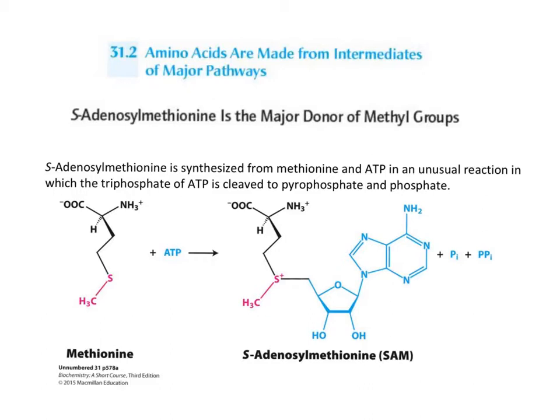So what we need to do is form what's called SAM, or adenosylmethionine. This is an interesting reaction, as it's one of the only reactions where you actually remove all three of the phosphates from an ATP. Now we have this positive charge, which makes it a little bit easier to remove this CH3.